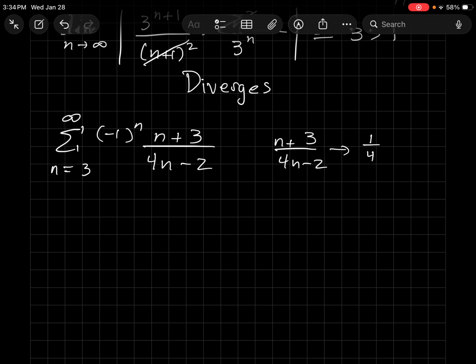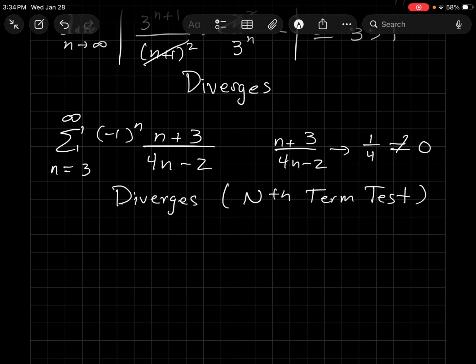That sequence would go to 1/4, which does not equal 0. So once again, this will diverge by the nth term test. It's one of my quick checks every time I do these. I look, does my sequence part go to 0? If not, I'm done. If yes, then I've got more work to do.